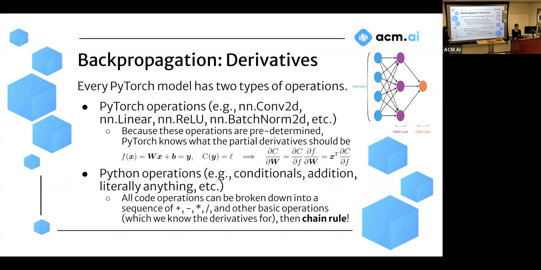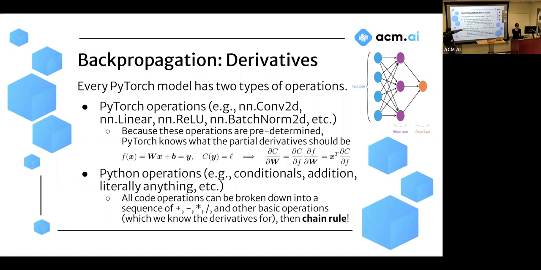The first type is something that PyTorch defines, like conv2d, which is our convolution layer, linear, our fully connected layer, ReLU, batch norm 2D, so batch normalization but with 2 dimensions, et cetera, et cetera. Because these operations are predetermined, PyTorch knows what the partial derivatives should be, because if you just sit down and work through the math, since you've predefined these operations, you're able to calculate what the partial derivatives are.